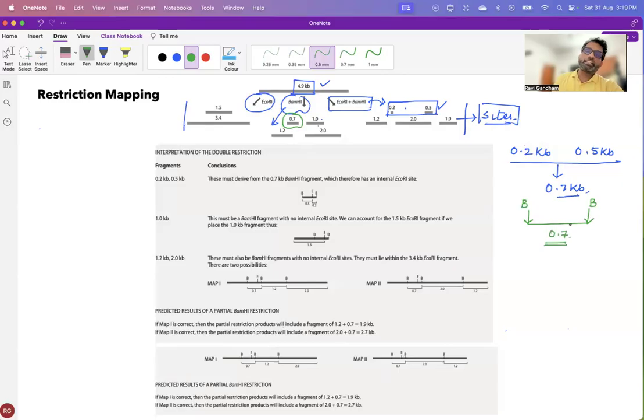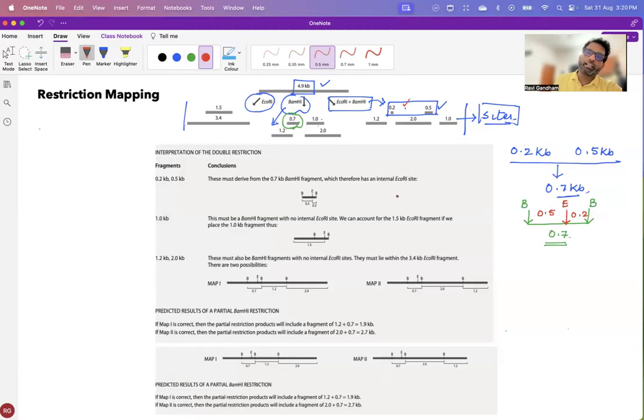When it is individually digested with BamH1, you got a 0.7 fragment, indicating that it is flanked by BamH1. Now, when you have used EcoR1, what have you got? You have got a fragment, let us say, 0.5 kb here and a 0.2 kb here, indicating that within this fragment of 0.7, there is a site for EcoR1. That is decided just by looking at the fragment sizes.